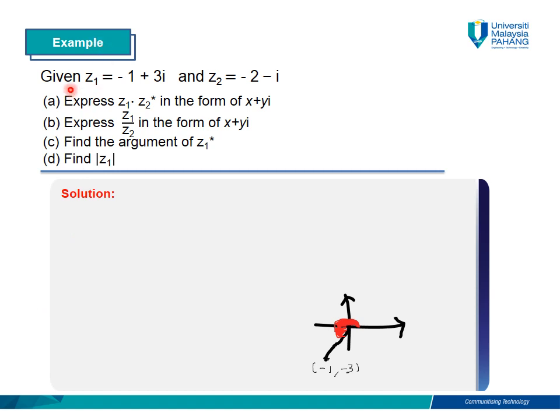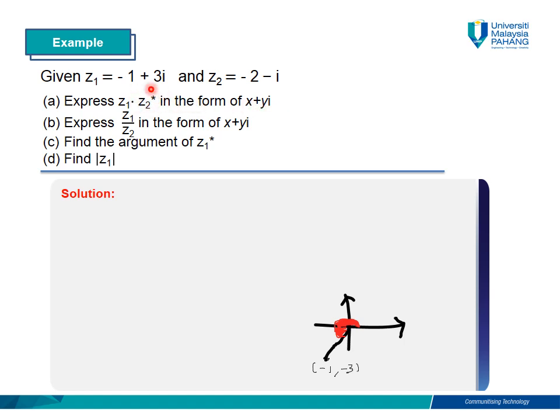Okay, so given z1 equal to -1 plus 3i and z2 equal to -2 minus i. So express z1 times z2 conjugate, this one is the symbol for conjugate, in the form of x plus yi.